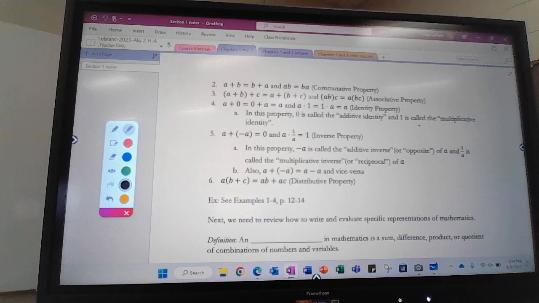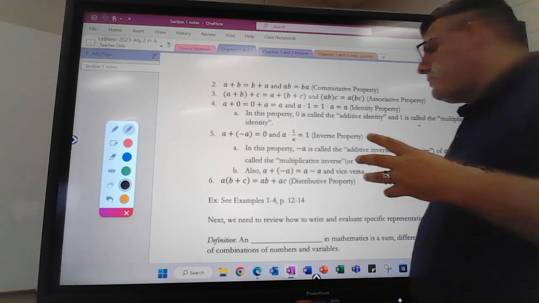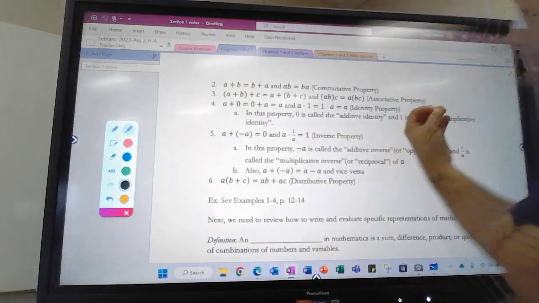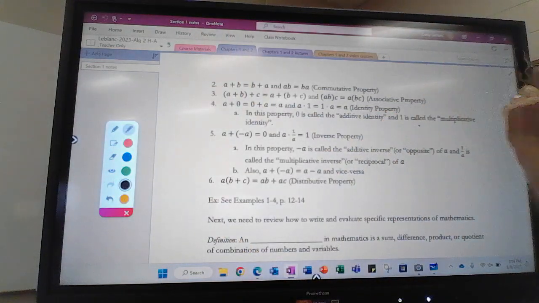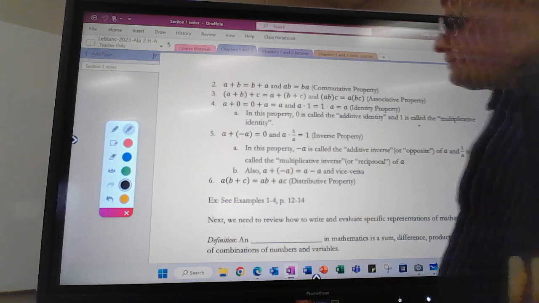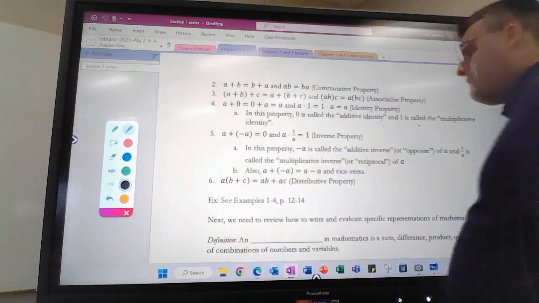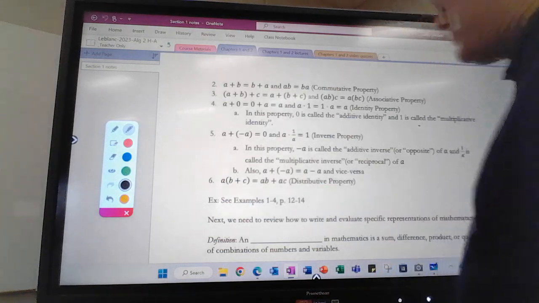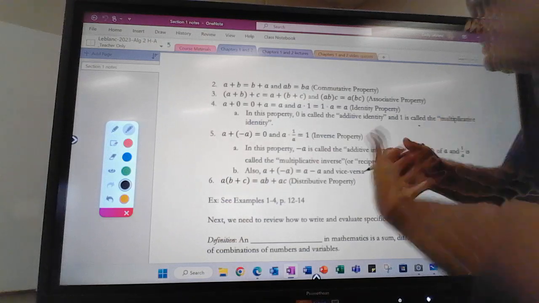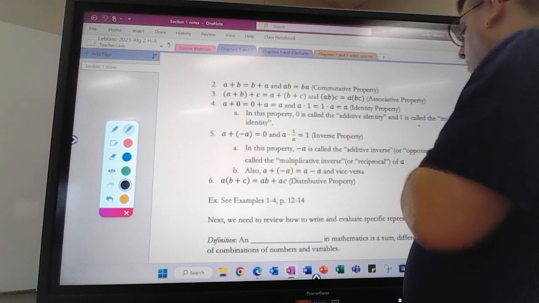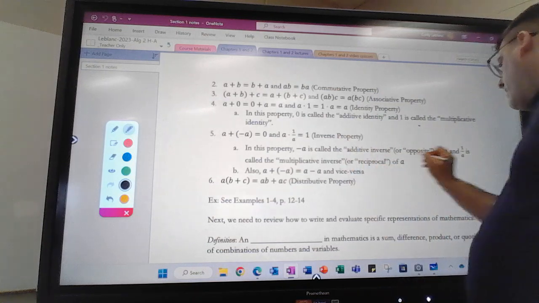Then you have inverse properties. Inverse properties mean that if I have a real number, then there's another real number such that if I add or multiply them together, I get that identity number. In this case, we have a plus negative a. Remember, a plus negative a is the same thing as a minus itself, okay? But in the context of this property, the negative version of that number is called the additive inverse or opposite.